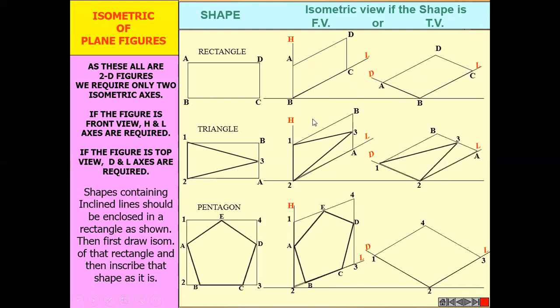The triangle also, we convert it into a rectangle or square shape. Then only we can convert it into the isometric view.